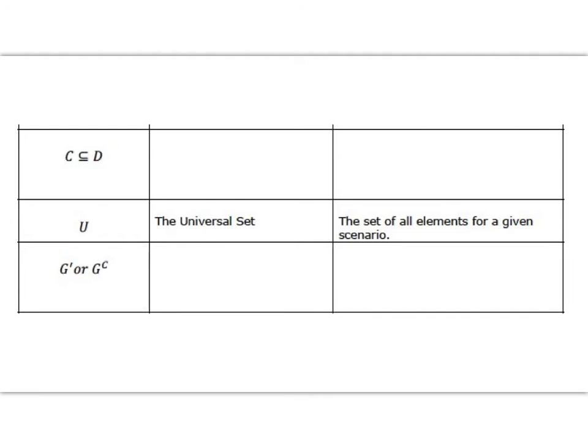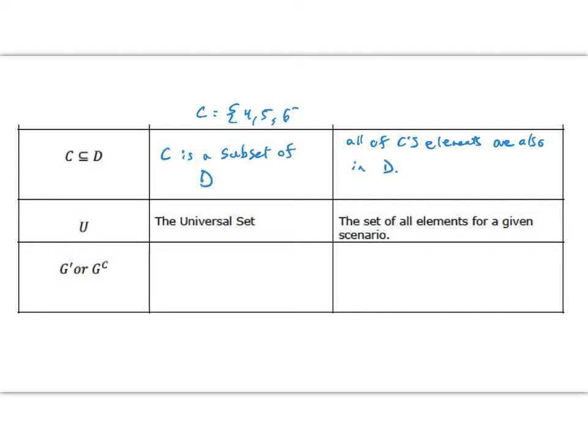Okay, a couple more things that we need to know about sets before we go on to a couple of quick examples here. This would mean C is a subset of D. That means that all of C's elements are also in D. So let's consider the set C, which has the elements 4, 5, and 6 in it.